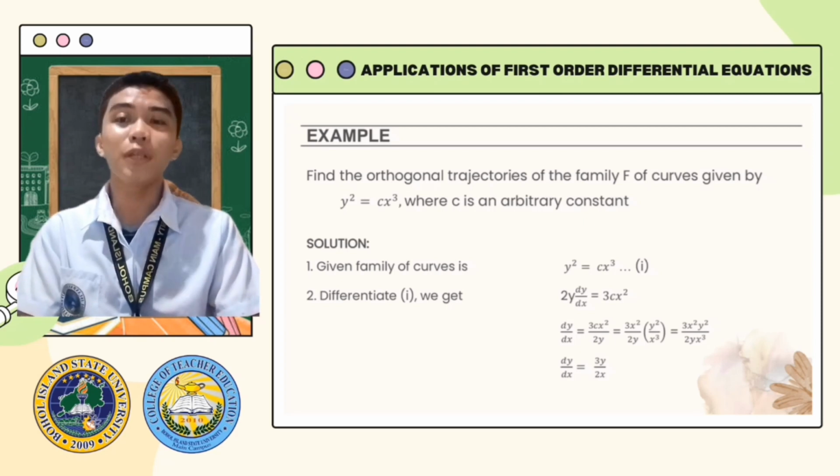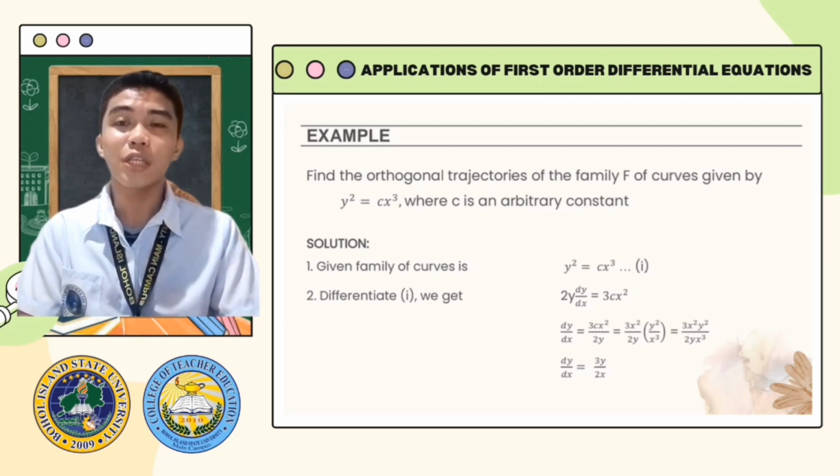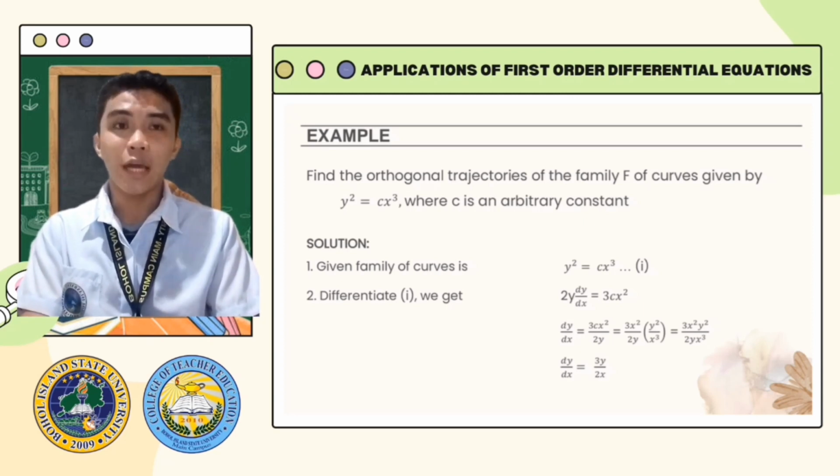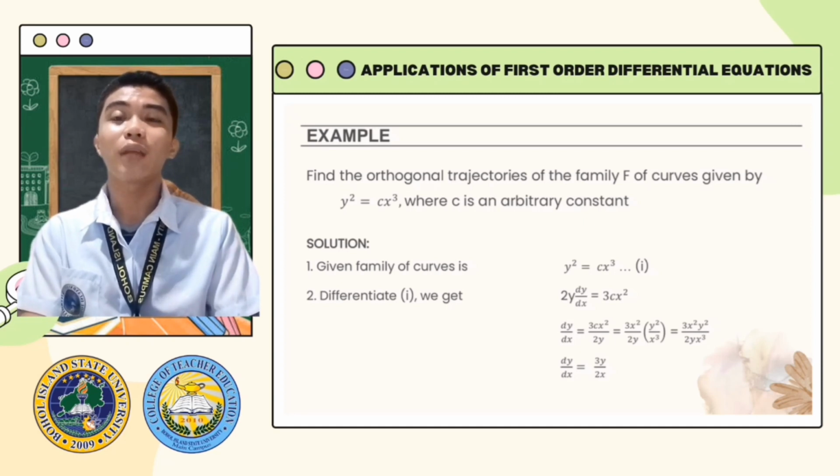So just simply substitute the calculated value of c in the equation, so we get dy over dx is equal to 3x squared over 2y times the value of c, which is equal to y squared over x cubed.